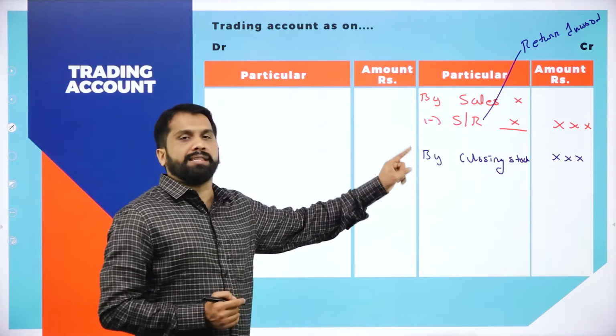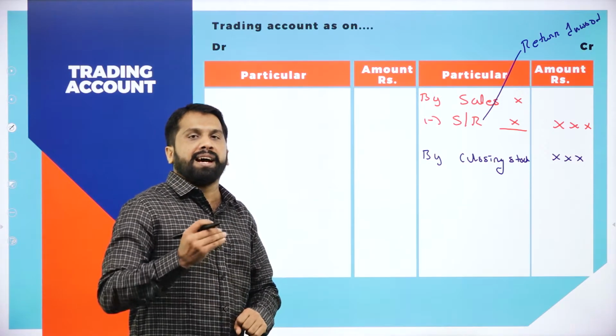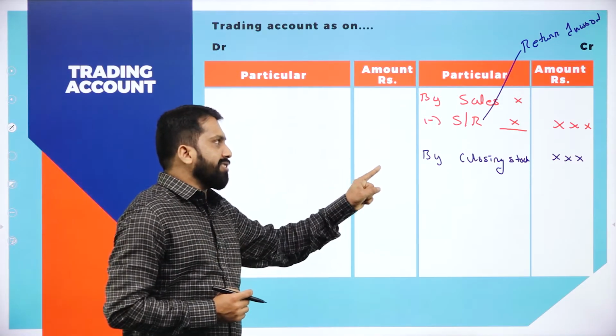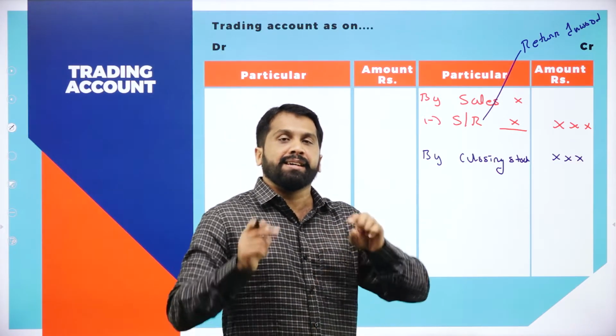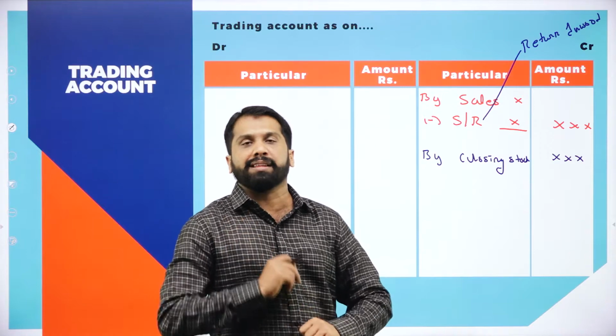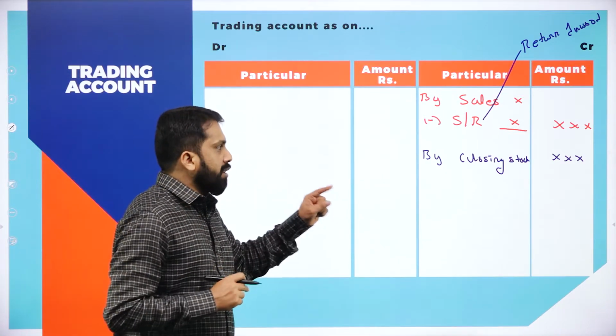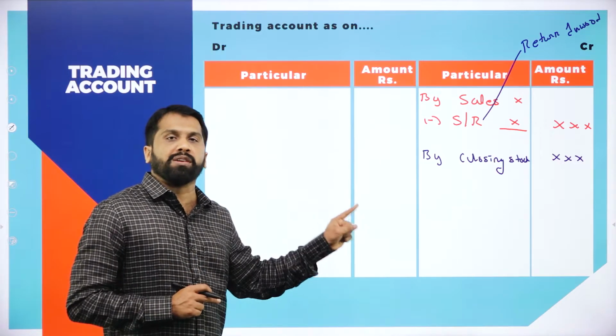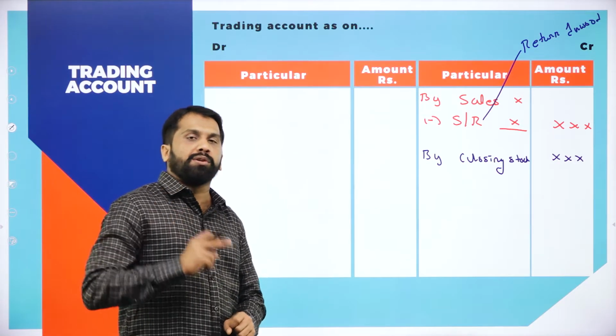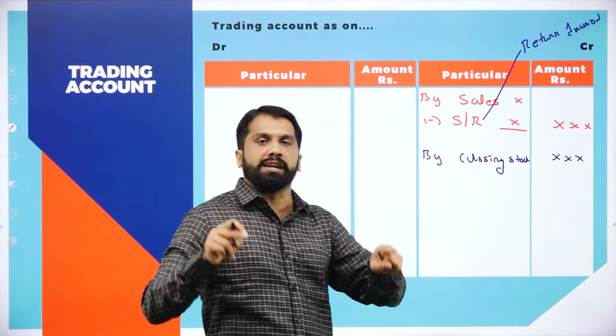First one will be sales minus sales return, and the second one will be closing stock. Remember, closing stock you will get in adjustment, not in the table. Don't find closing stock in your table.